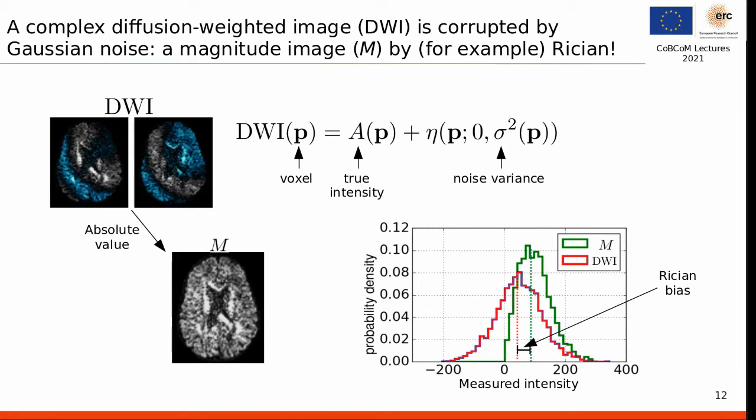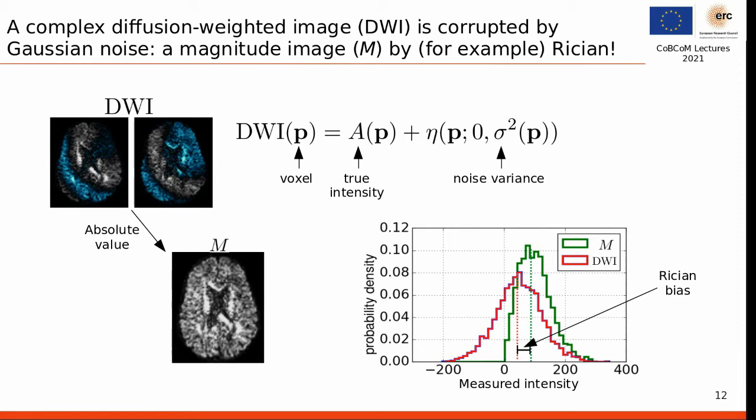Now we can already understand that if, for instance, due to noise, we were having some negative signal samples, then by taking the absolute value, we will make them positive. And this is just a sign of the bias we are introducing. Indeed, if we were to focus on the dark area in the magnitude image M, which corresponds more or less to the ventricles, and then take a histogram of the signal intensity there, we will actually see the green histogram on the right.